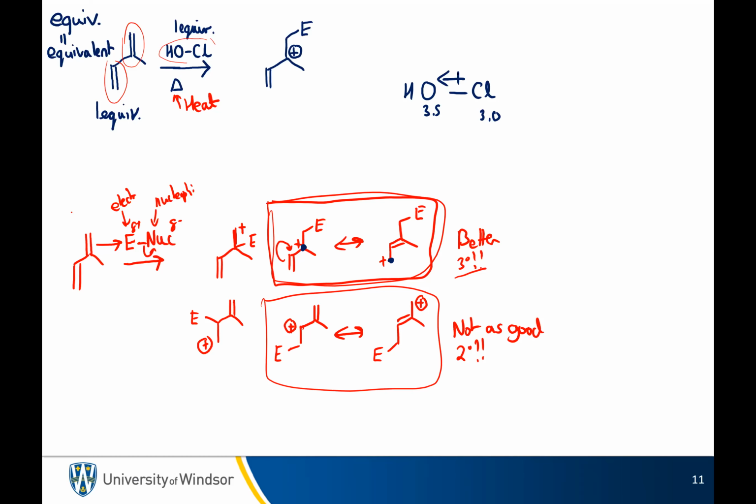That's the way the bond is polarized. I'm thankful, because I hadn't checked the numbers before, that I know which way it goes. I'm really glad that the electronegativities line up. So our E is the positive end of that bond, which is the chlorine.